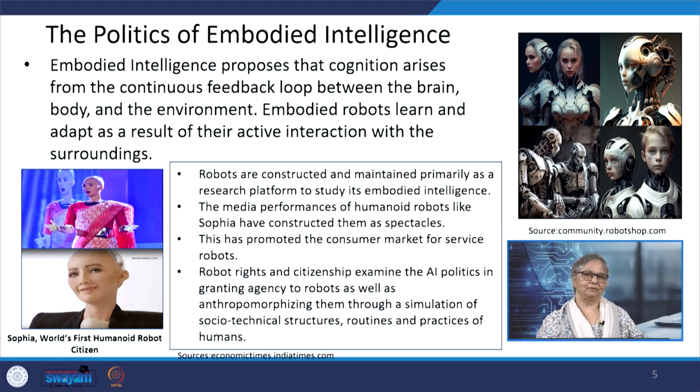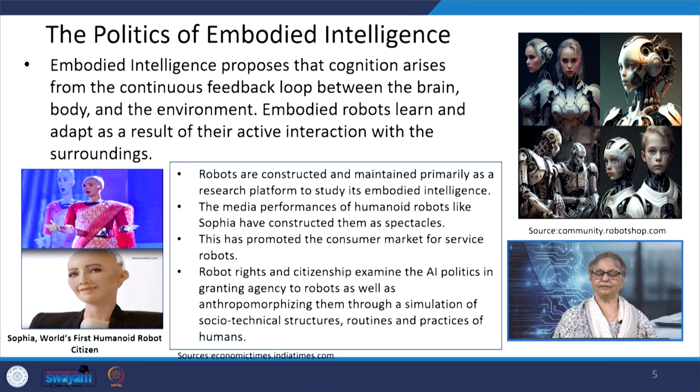Let us review the politics of embodied intelligence. Embodied intelligence proposes that cognition arises from the continuous feedback loop between the brain, the body, and the environment. Embodied robots learn and adapt as a result of their active interaction with the surroundings. We are already living in a culture where robot rights and citizenship issues are being talked about.